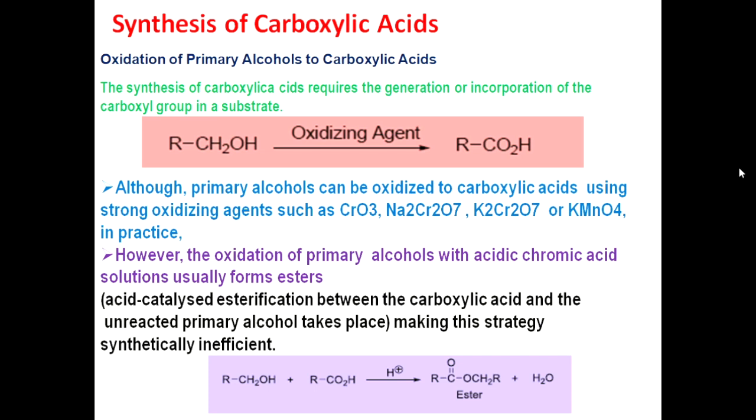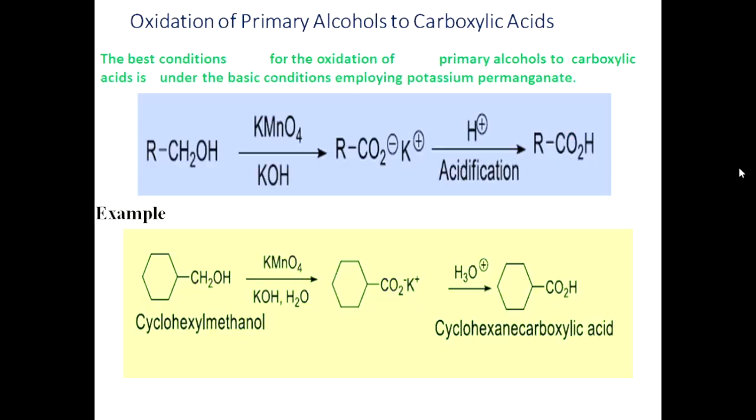However, it is found that with acidic conditions, the ester is unusually formed also. So there is a drawback: when acidic chromic acid has been used, after the formation of the acid, the primary alcohol will undergo esterification. So a second reaction is possible.